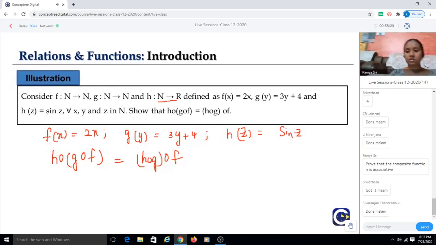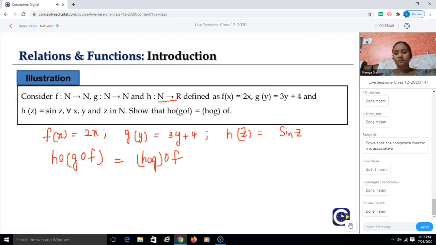Okay, Srivatsan done. Shivaranjani also done. Okay. Shivani Rajesh also solved it.